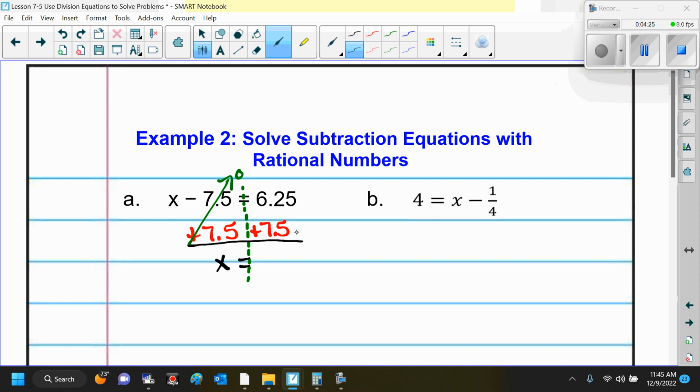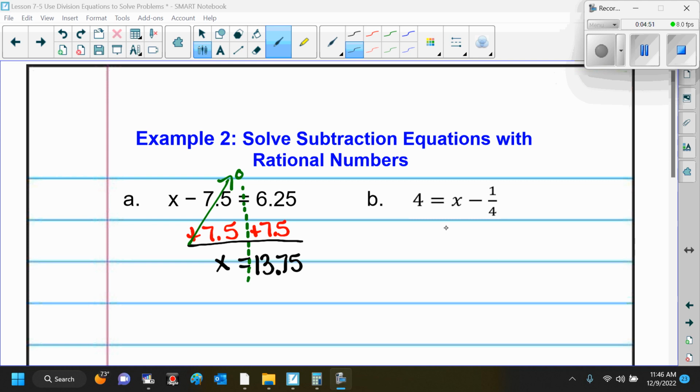And then on the other side, now we just add. So this is going to be 5. 2 plus 5 is 7. And 6 plus 7 is 13.